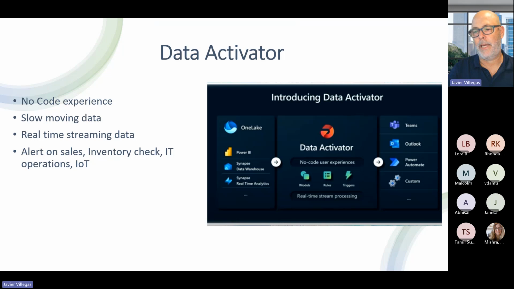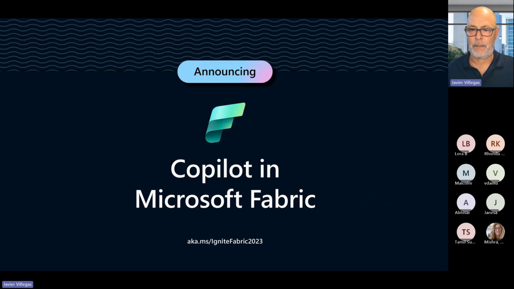It will take an action, and the action could be sending a Teams message, an Outlook email, running a Power Automate artifact, or any custom action like, for example, running PowerShell. This is super cool because, again, we can easily have this evaluating and sensing the data coming in real time and taking these actions for us. So that is the Activator part of Microsoft Fabric.